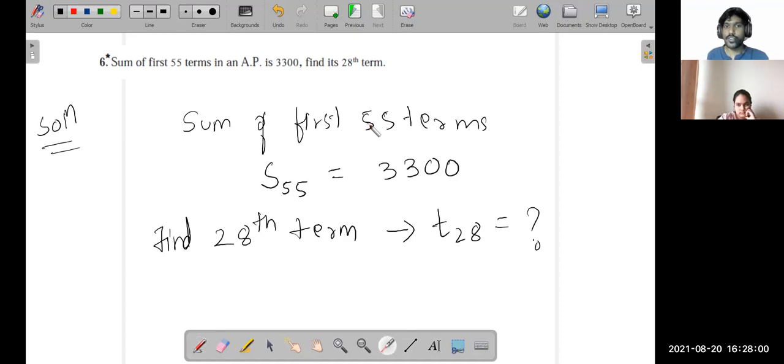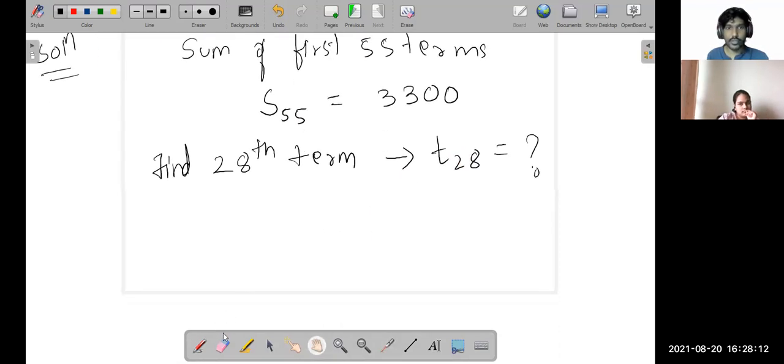So sum of first 55 means S55 is given 3,300 and you have to find out T28. So use the first formula first. Sn is equal to n upon 2 into 2a plus n minus 1 into d. Are you going to use both the formulas? No, first one.